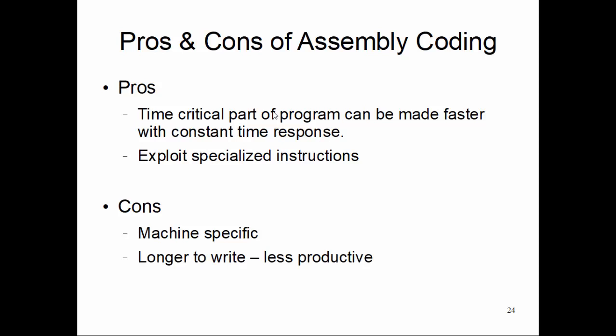Like one simple a equals b plus c, as you have seen in past lectures, becomes four or five different assembly statements. So for one line of high level code, you need to write six or seven lines of assembly code. Of course it's longer to write and less productive.